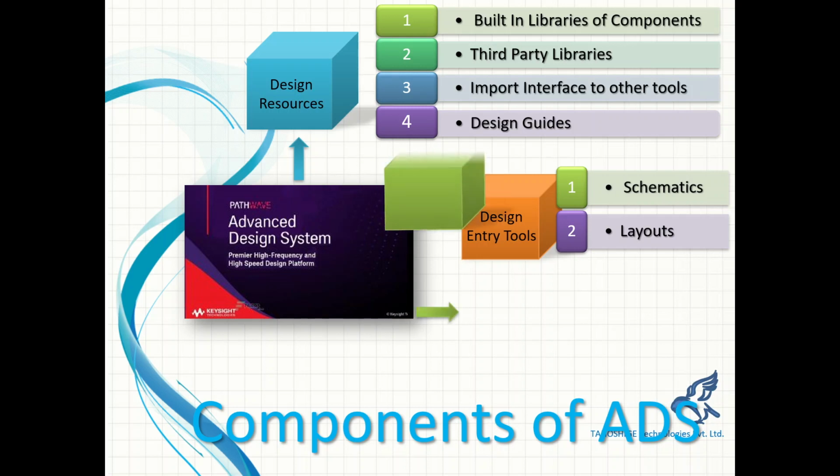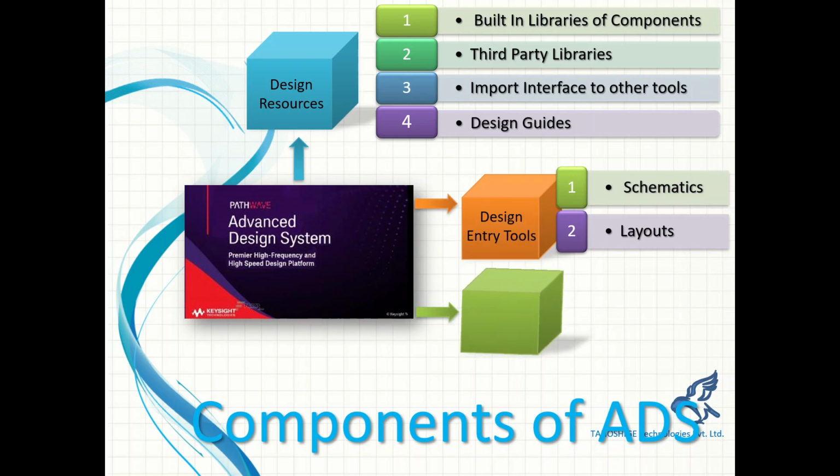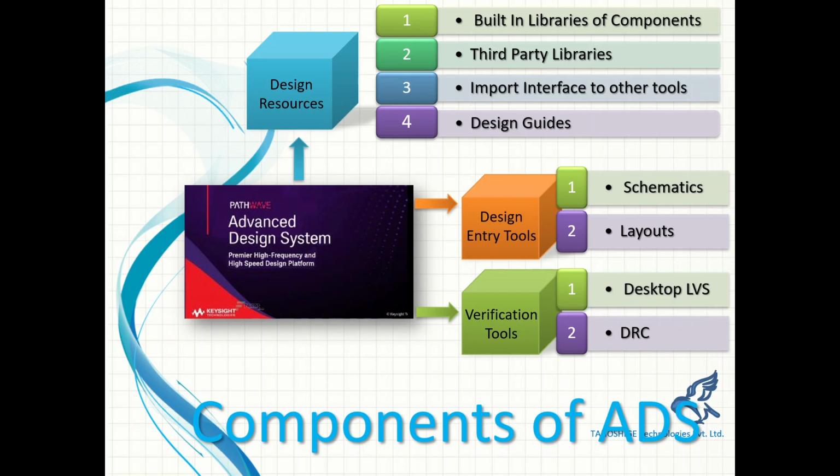The third thing is the visualization tool. Once you have done the simulations, you take the results and visualize them. Sorry, these are verification tools; the visualization tool I'll talk about later. For verification tools, we are going to talk about desktop LVS and DRC. Let's say you have a PDK from a third party, some fab, let's say IHP.